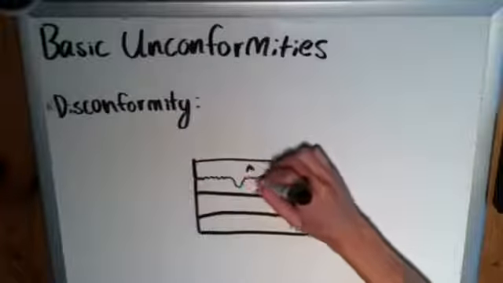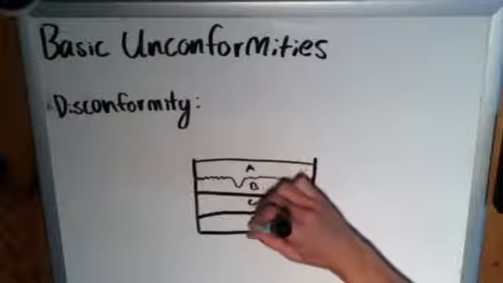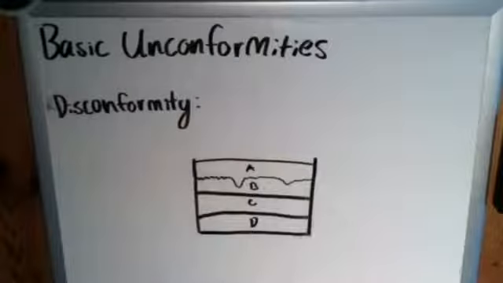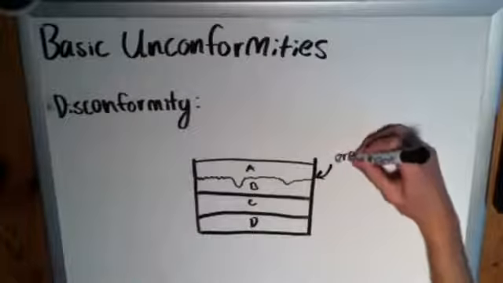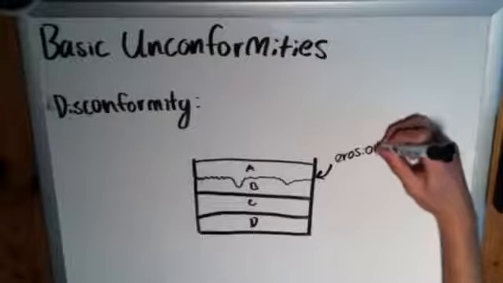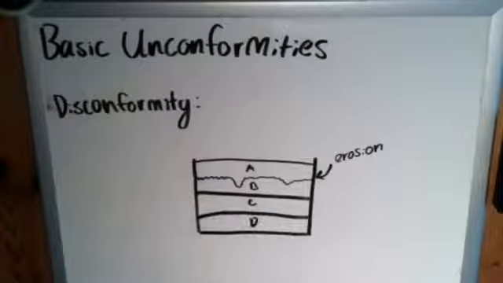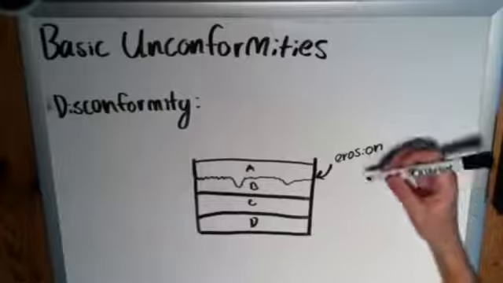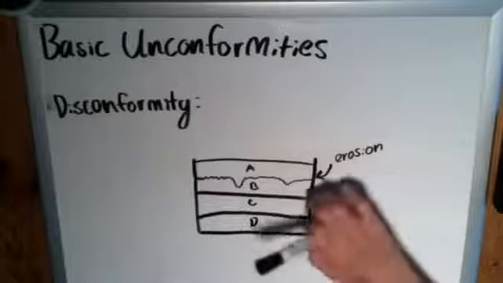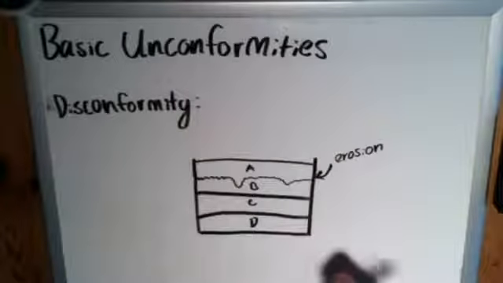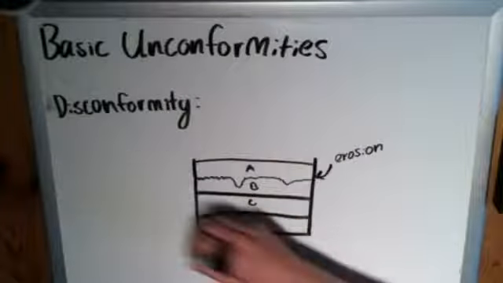And we'll label those A, B, C, and D. Well, it looks similar enough to just flat deposition on top of one another, but you can't ignore the erosion that has occurred at this line that makes it appear so ununiform. And because of that, we can say that erosion occurred in between the deposition of these two layers, and therefore this is a disconformity.